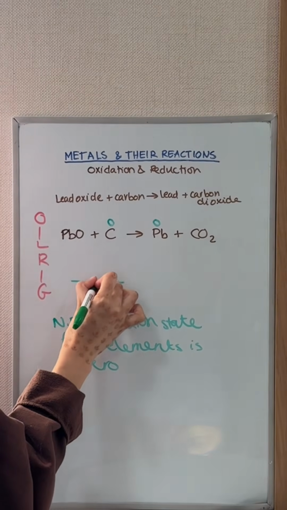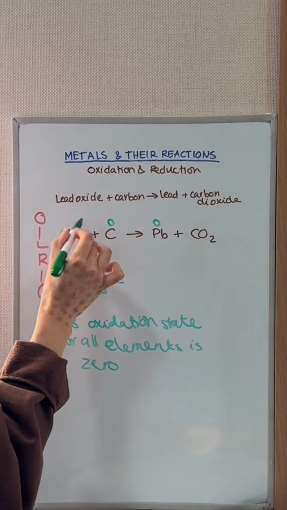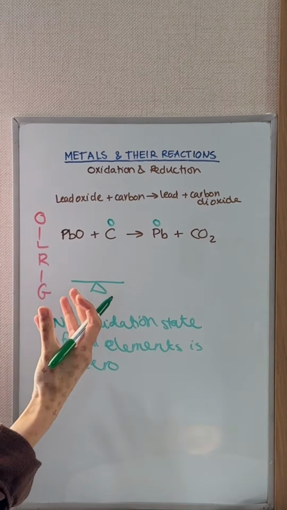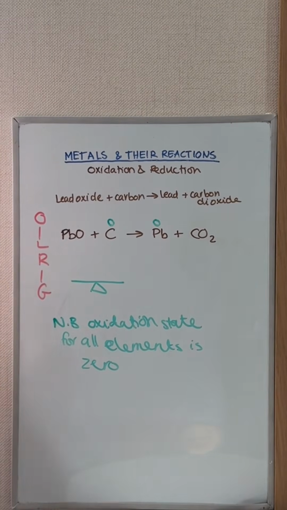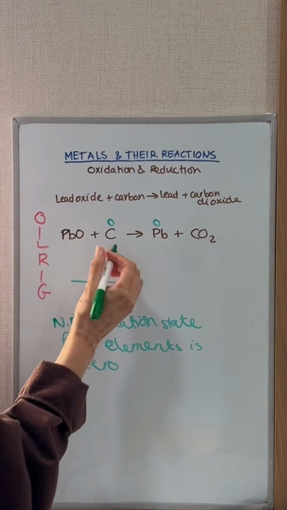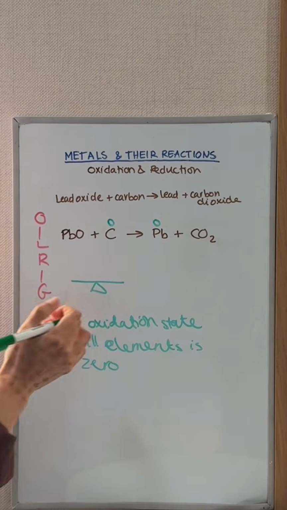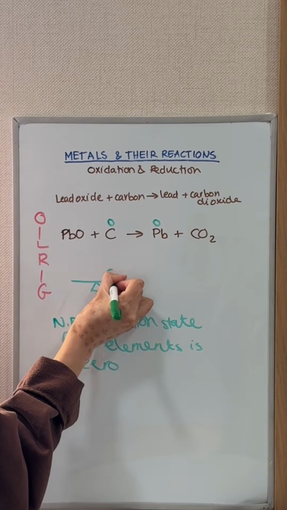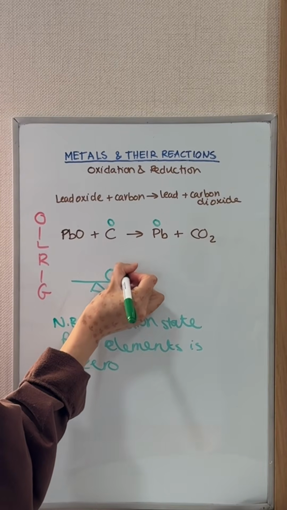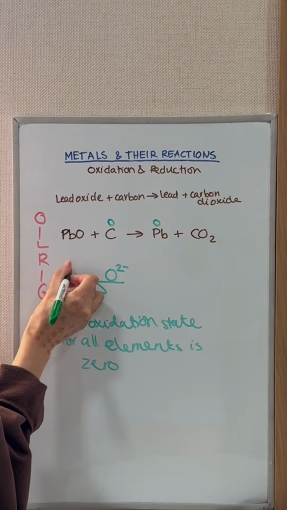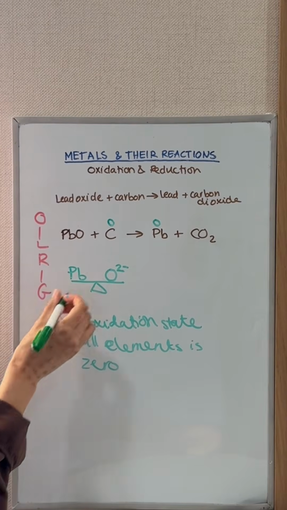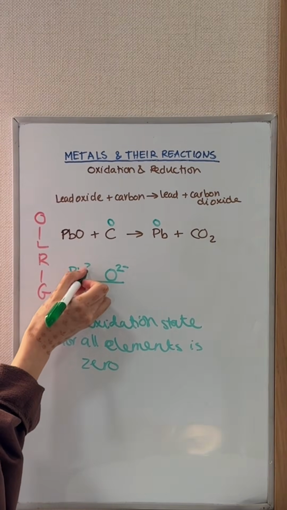So if I work backwards, you guys should already know what is the charge on the oxygen ion or oxide ion by this point. So thinking back to your topic of bonding, oxide ion has a 2 minus charge because it's in group 6. So now you can use that piece of information to figure out what is the charge on lead.